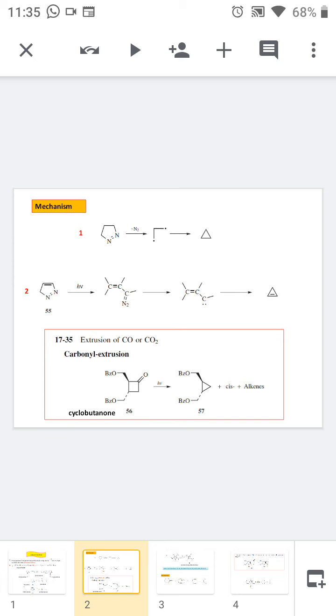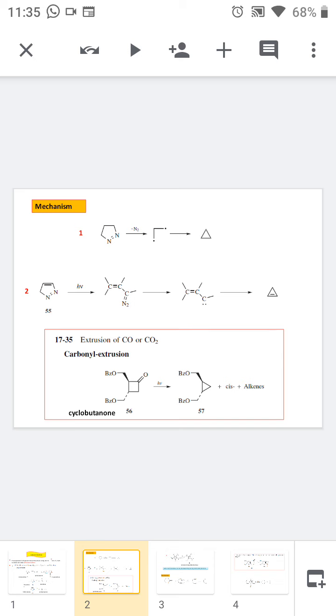This is a photochemical reaction, that's why it is represented as h nu, and we will get a carbene as the intermediate. So this is the mechanism. First of all, the carbon nitrogen bond is broken and we will get an alkene, and then in the terminal position carbon is double bonded to nitrogen. After that, nitrogen is eliminated and we will get the resulting product as the carbene.